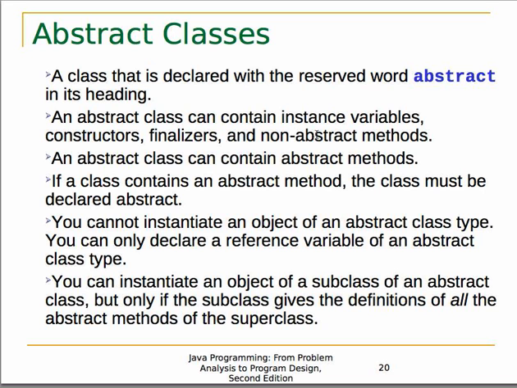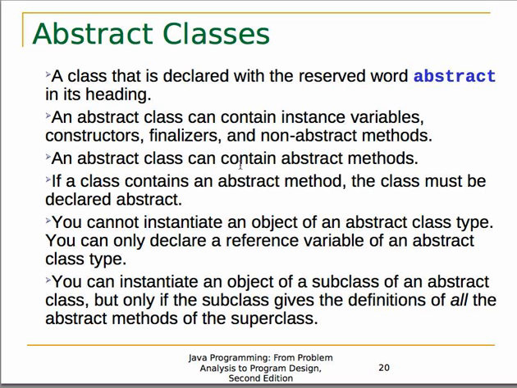And you can also have non-abstract methods in abstract classes. So if just one method is abstract, then the entire class becomes abstract, which means that you can have any number of non-abstract, also referred to as concrete, methods. You can have 100 concrete methods, but if you have one abstract method, the whole class becomes abstract.